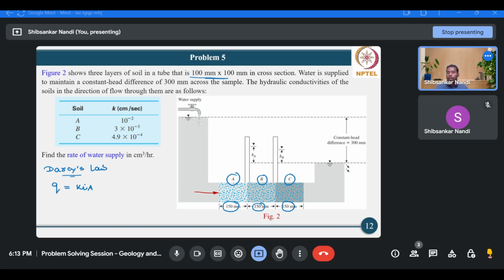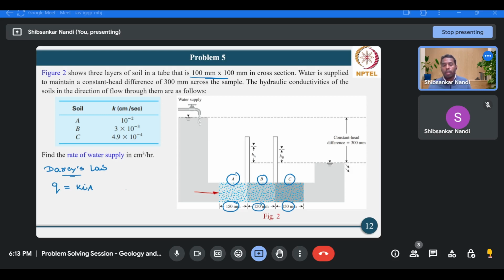Now what about K? You cannot choose a single value because here 3 different values are given for 3 different soil samples A, B and C. So you can use only a particular soil sample, but for that you have to precisely choose the hydraulic gradient value.